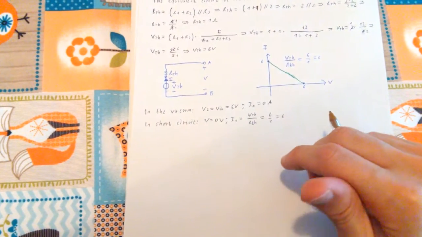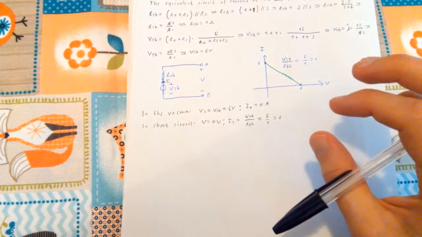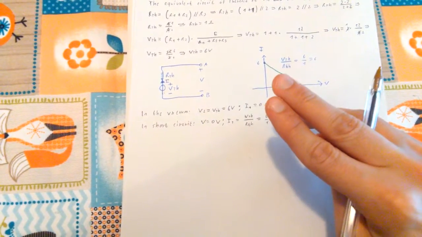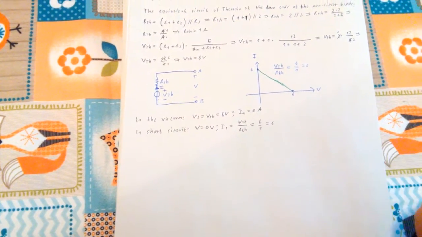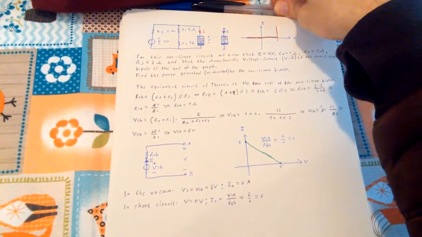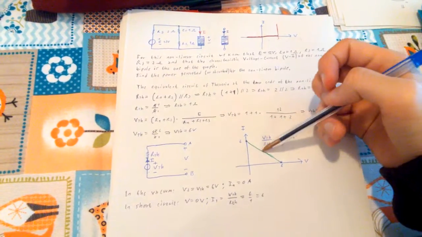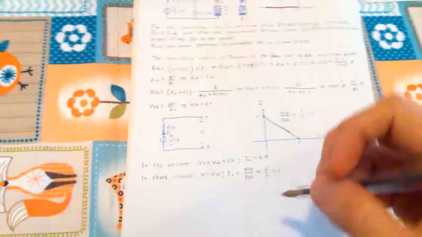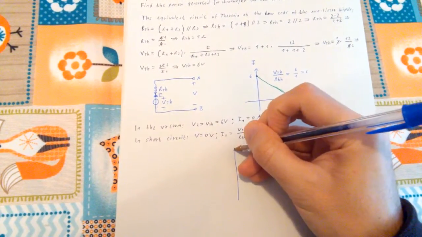Now, if I superimpose the two characteristics, I can get the working point of the double bipole. So if I just superimpose this one and this one, I get the working point of the double bipole.